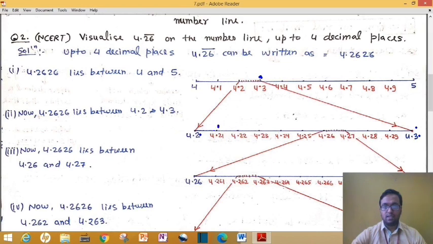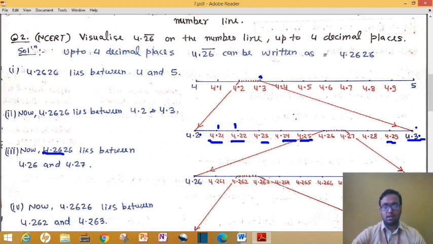So we will divide this number line into 10 divisions, between 20 and 30. How many divisions are there? 10 divisions. Okay, so the first division is 4.21, then 4.22, then 23, 24, 25 and so on up to 29 and 30. Okay, so our number is actually 4.2626.